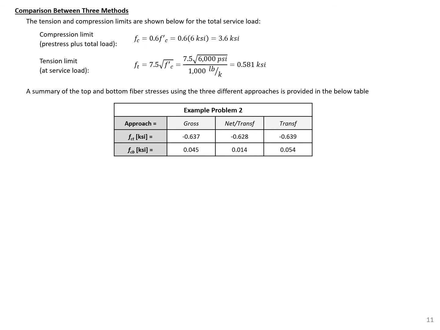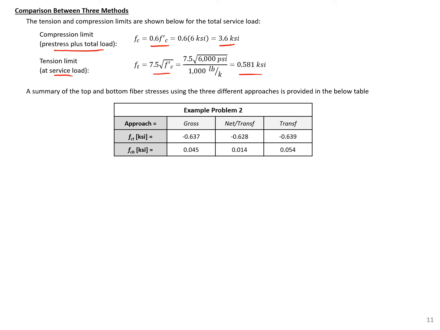Here we can see a comparison between the three different methods. First, we can see the compression limit if we're looking at our service loads, so our pre-stress plus our total loads, and our tension limit at service, so 7.5 times the square root of f'c and 0.6 times f'c. So we can see our compression and tension limits.